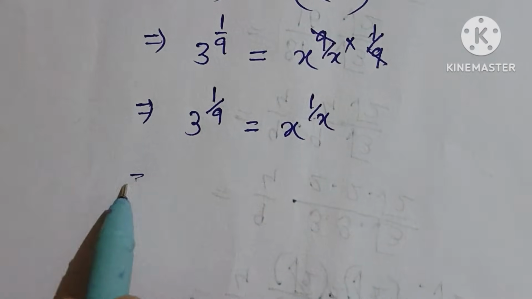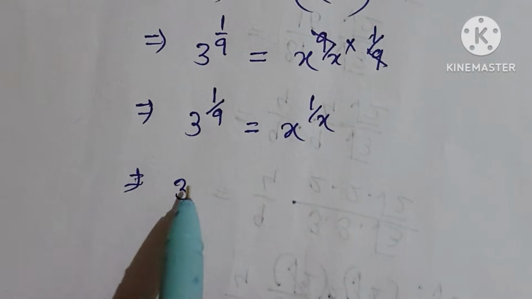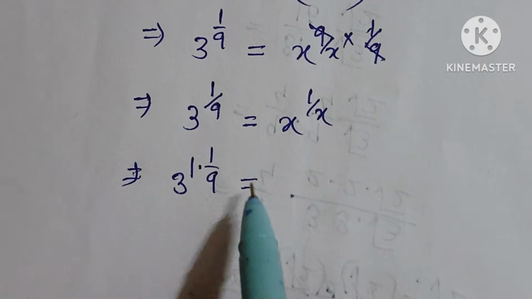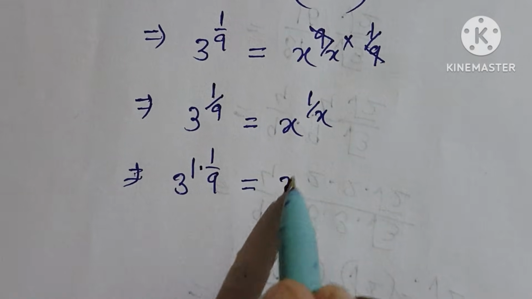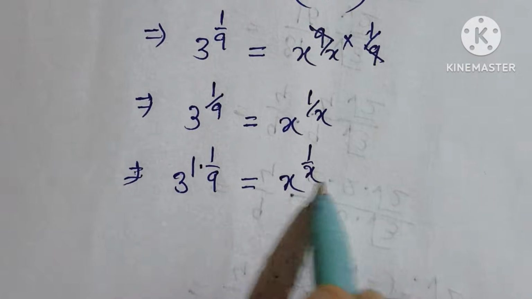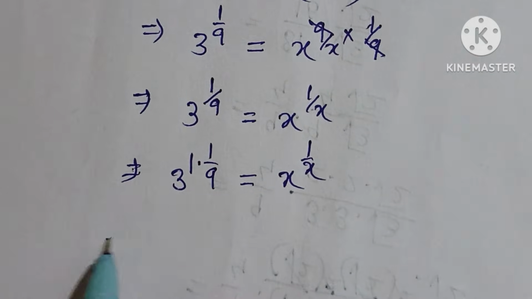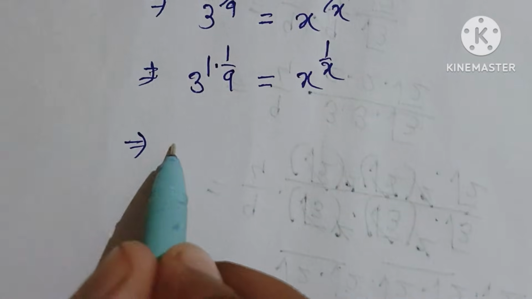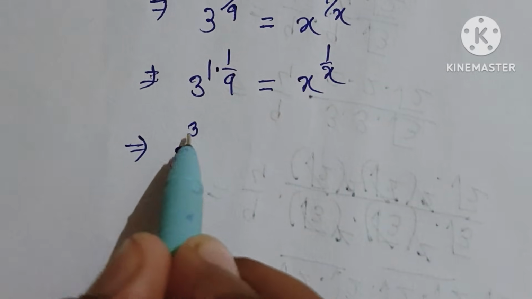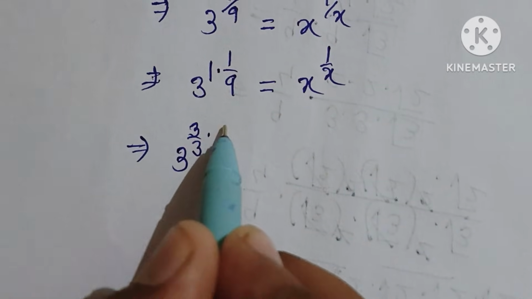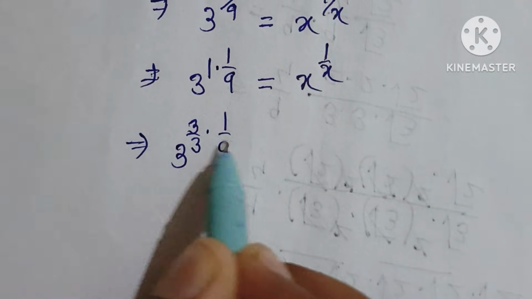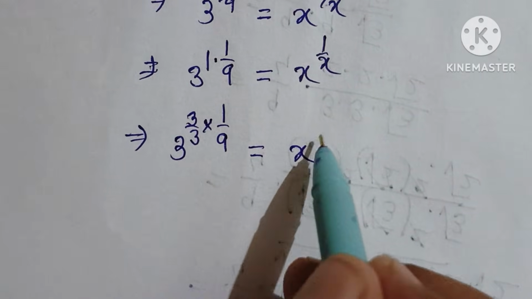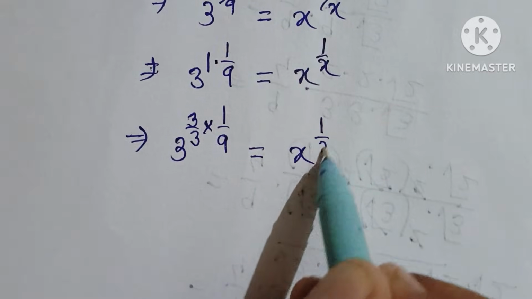So we can write here 3 raised to the power 1 into 1 by 9 is equal to x raised to the power 1 by x. So here in place of 1 we write 3 by 3: 3 raised to the power 3 by 3 into 1 by 9 equal to x raised to the power 1 by x.